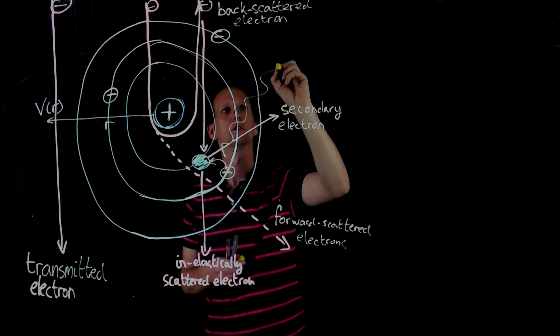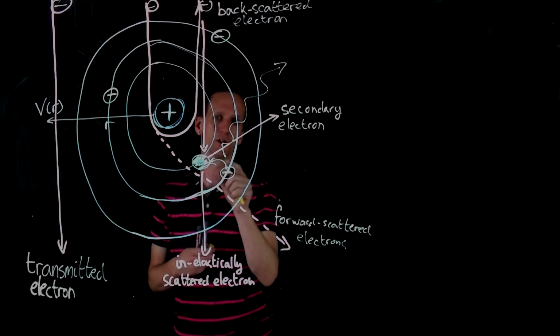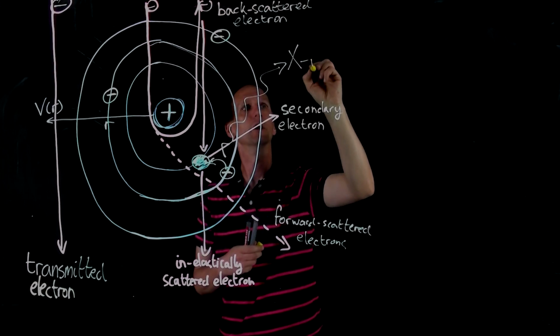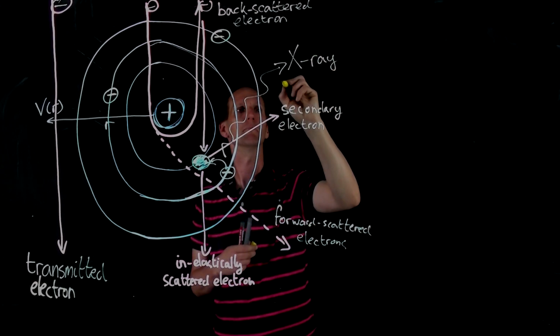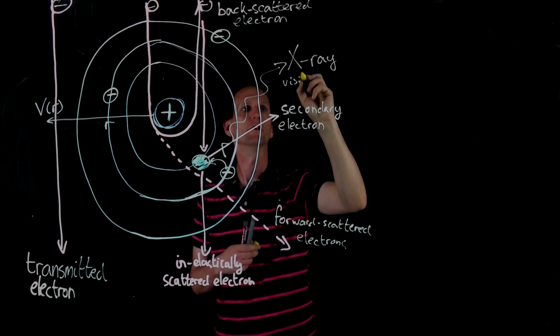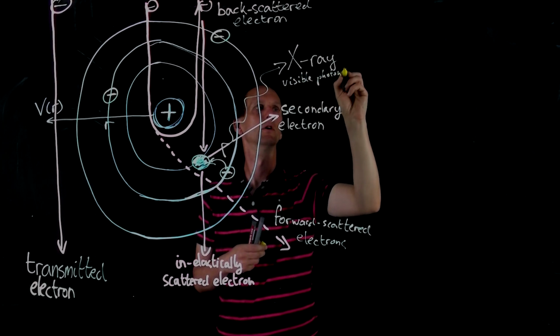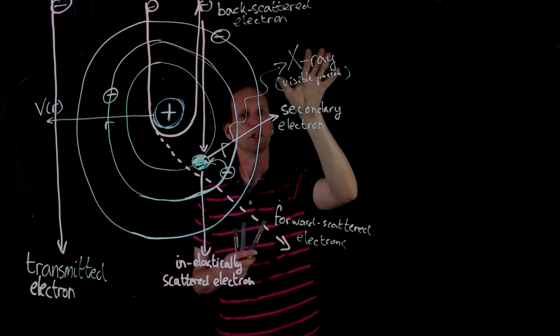Depending on the energy change between the levels, it can be an X-ray photon, but if it's a little bit, it might also be a visible photon. But in most cases, it's X-rays.